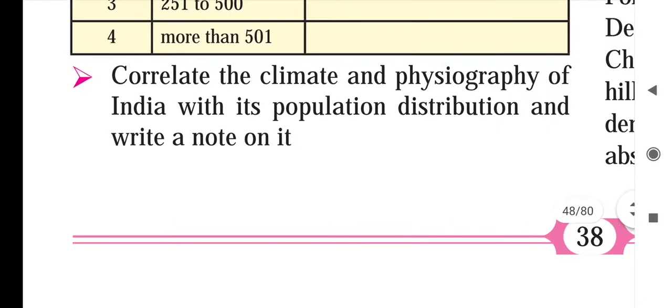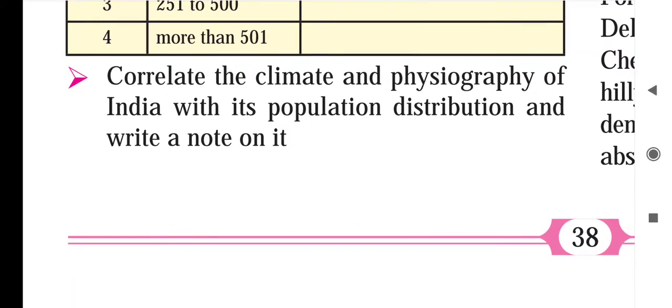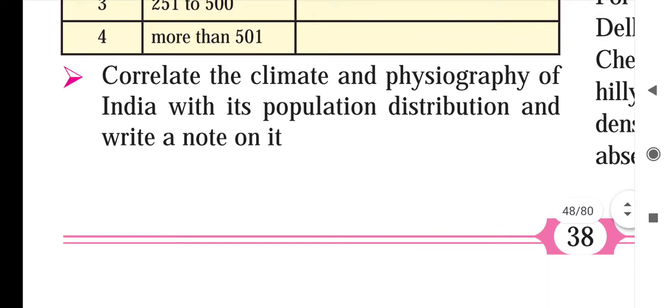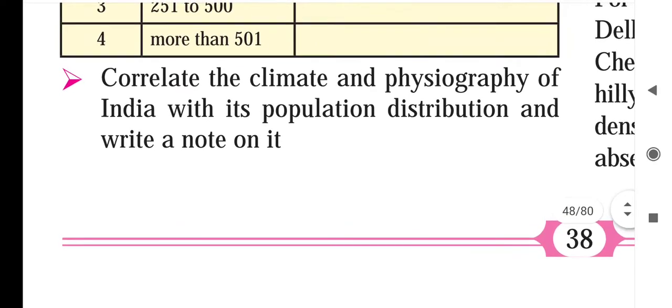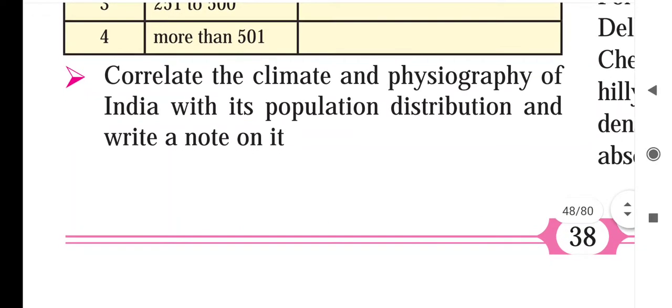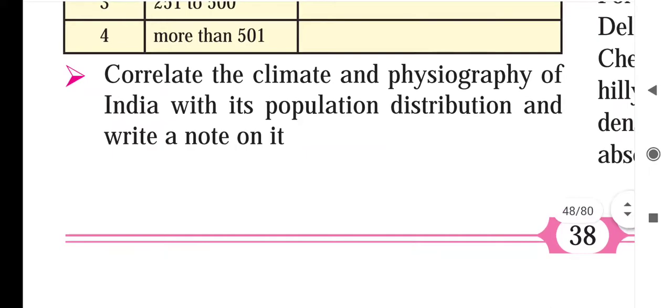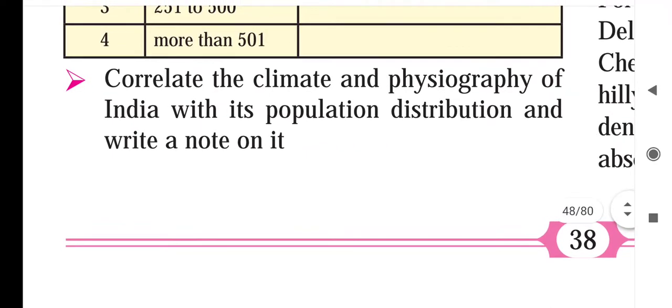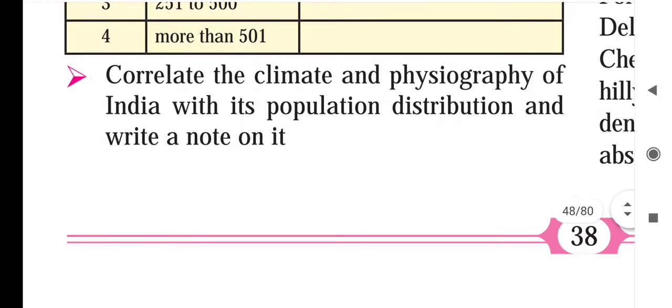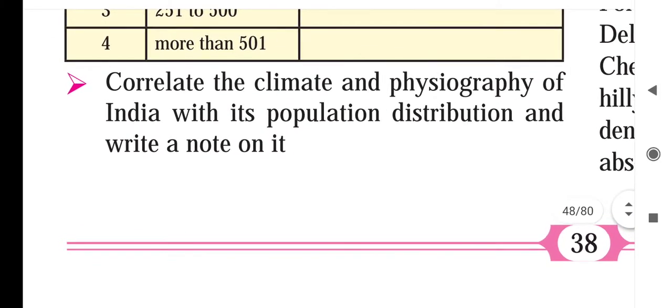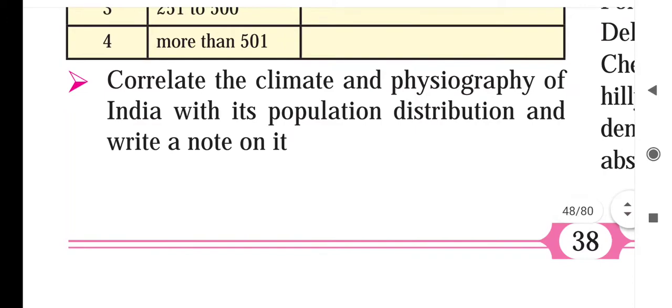Correlate the climate and physiography of India with the population distribution and write a note on it. Here it is said that climate and physiography affect the population, and you have to write a note on it. See children, where the climate and physiography are suitable for the population, there we can find dense population.